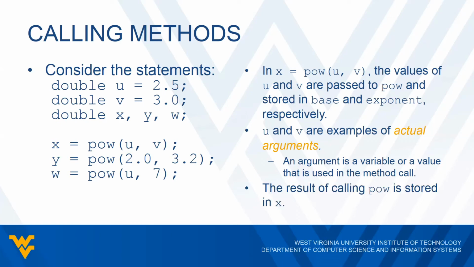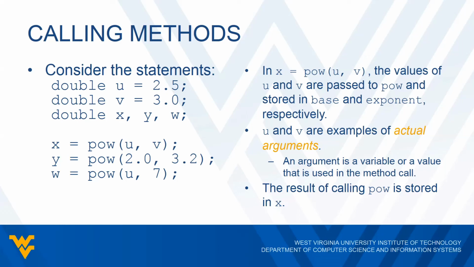So the result with this method call is we pass u and v, we use the base and exponent, we get our calculation, and we return some value, and that gets stored in x. And then we just run the same process for the other 2 method calls. So in y equals pow(2.0, 3.2), we use the same code as our definition from before, except base now stores 2.0, and our exponent will store 3.2.